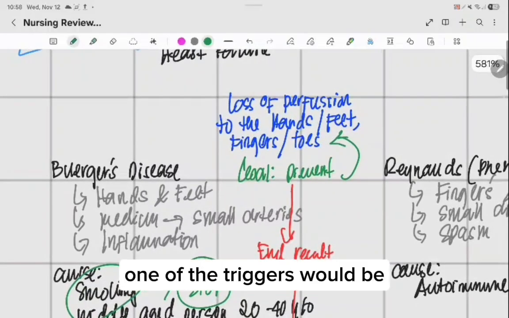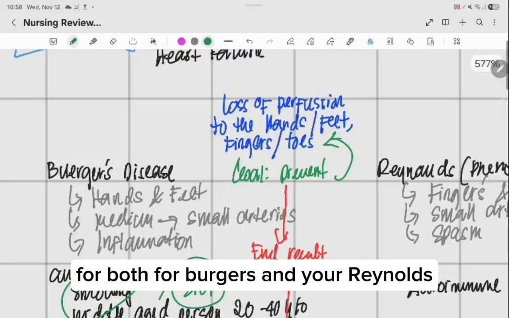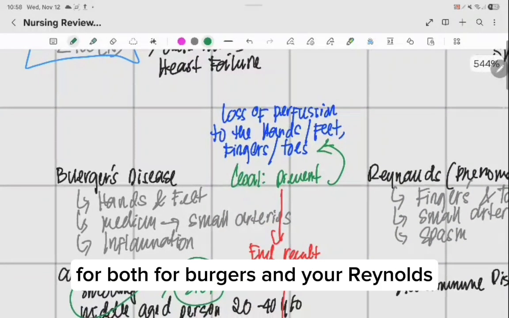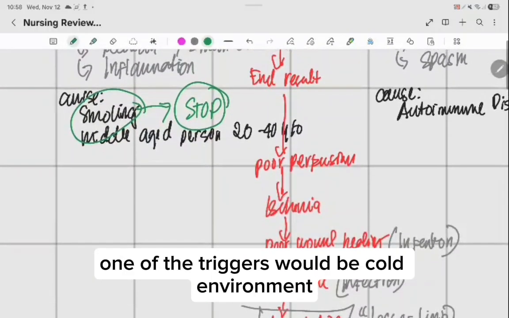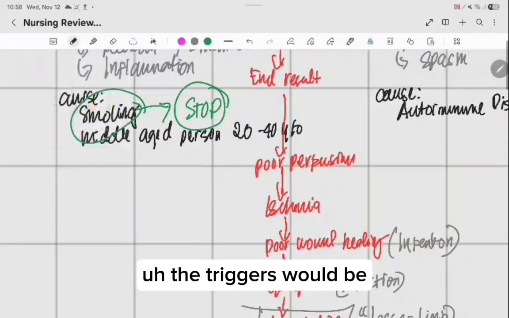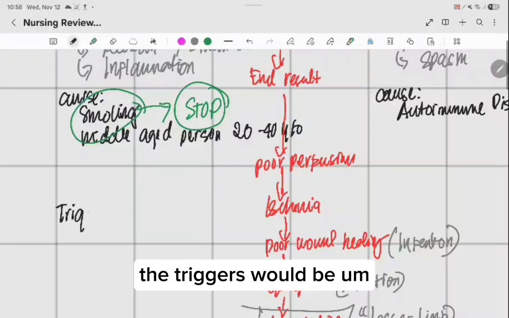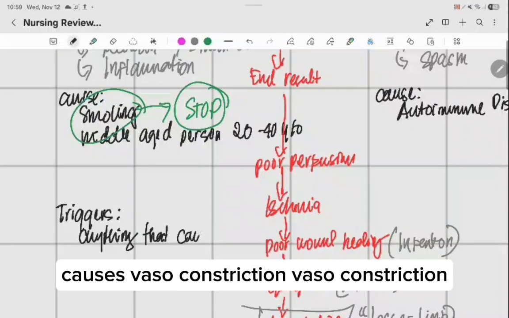Then one of the triggers would be a cold environment, for both Buerger's and Raynaud's. One of the triggers would be exposure to cold, anything that can cause vasoconstriction.